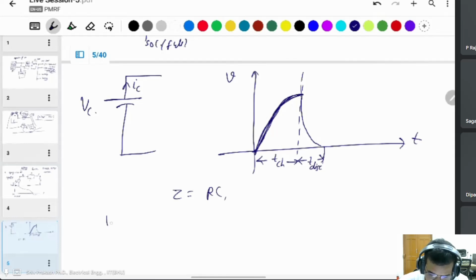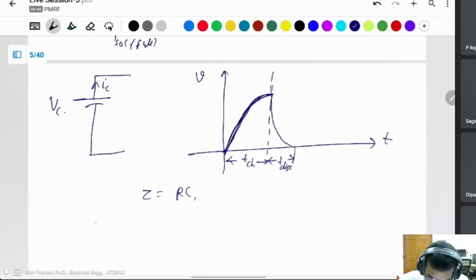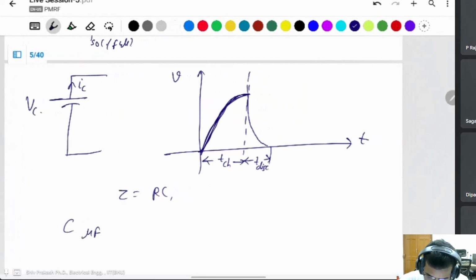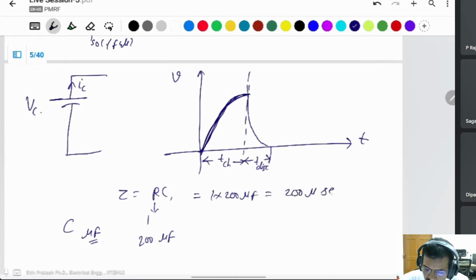If C is in microfarad, then what happens? Suppose R is 1 ohm and C is 200 microfarad. Then 1 into 200 microfarad will be 200 microsecond of tau.